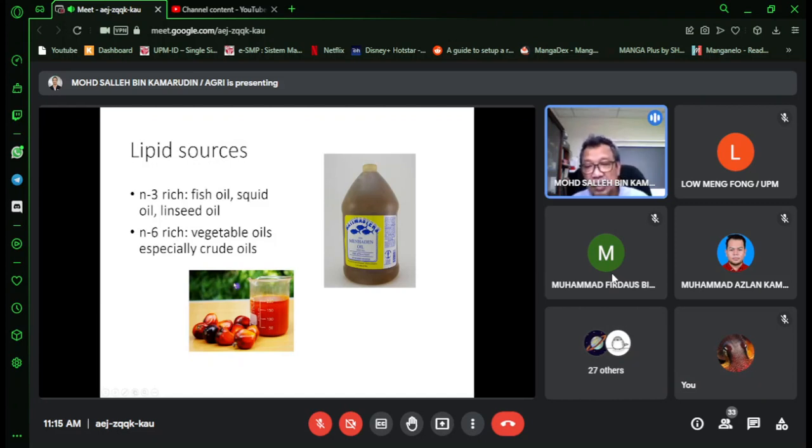So you can combine, and the combination varies from fish to fish. So in our study with kerai and lampam, number one is still crude palm oil. For kerah, it is also crude palm oil. It can replace 100% of fish oil. But for marine fish, we still require the fish oil. It's very important.